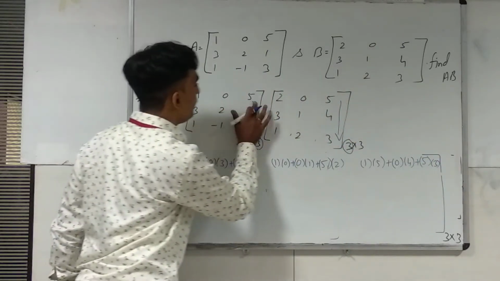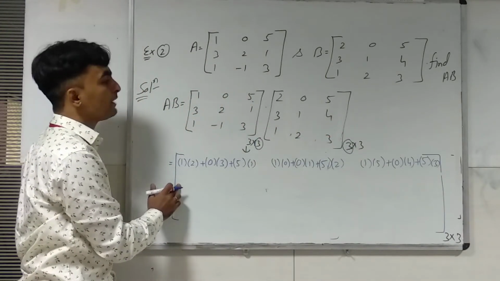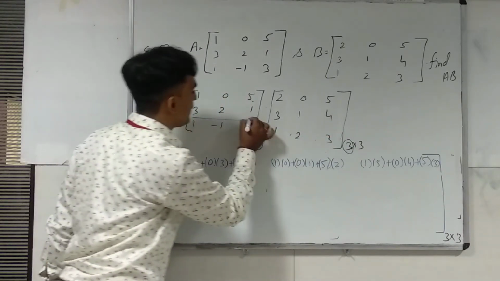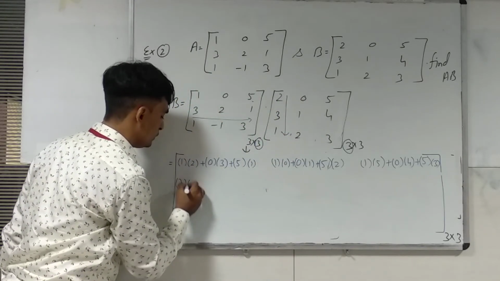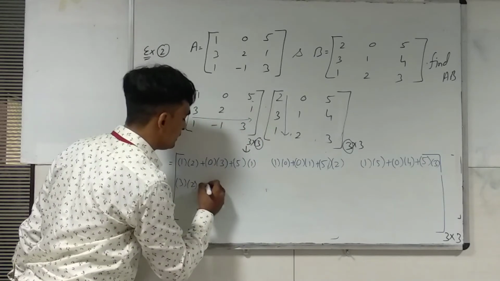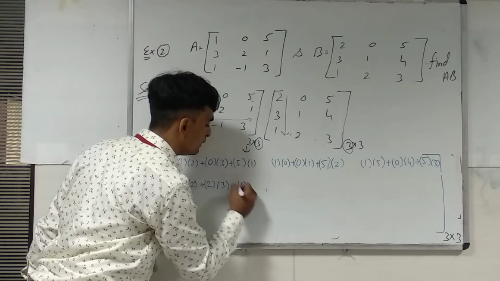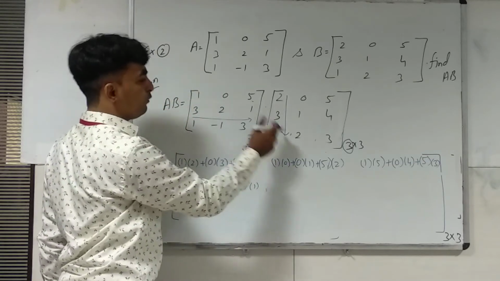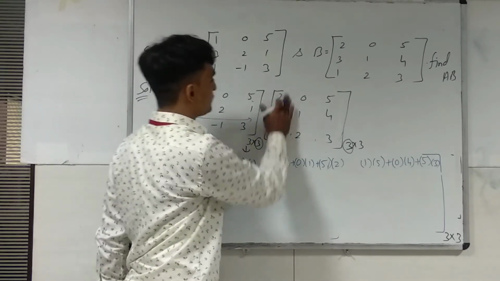Same. Now for this one, the address is second row, first column: 3 into 2, plus 2 into 3, plus 1 into 1. Second row, first column entry multiplication is done. Control transfers to the next one.